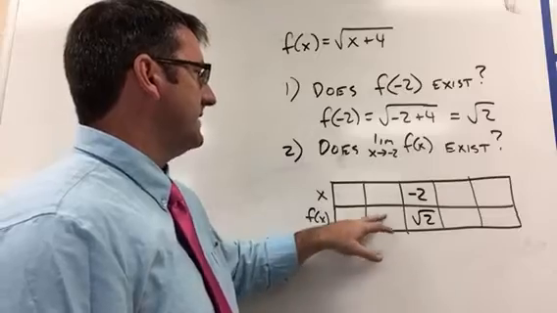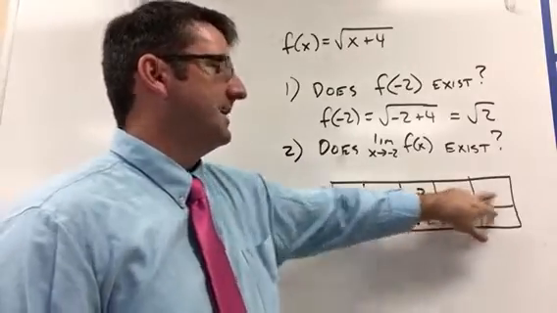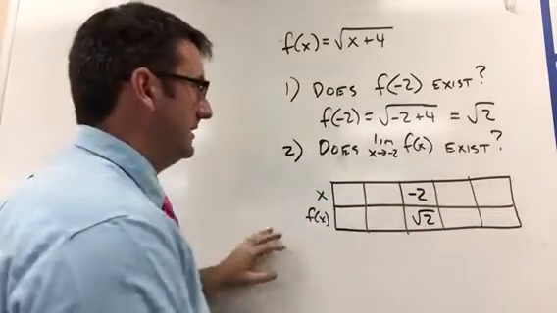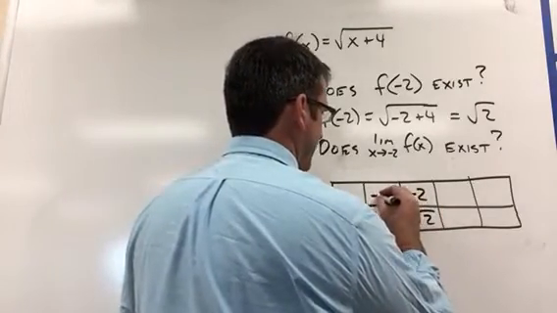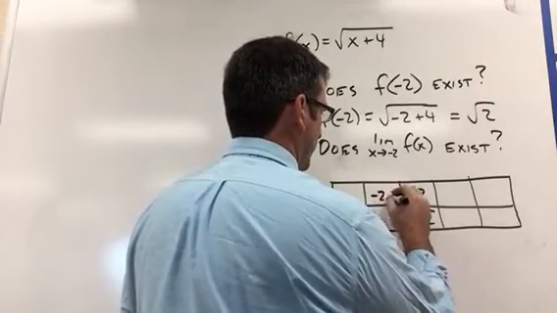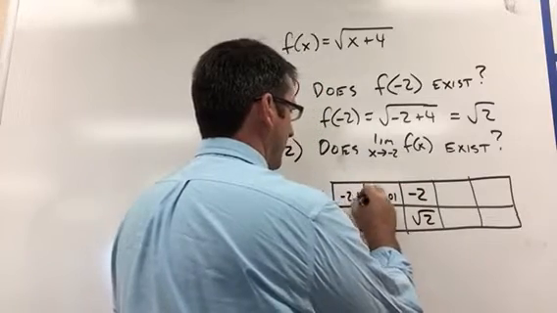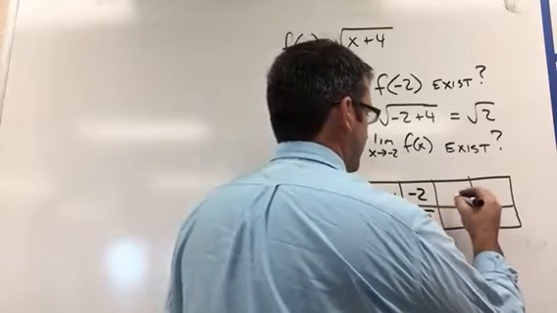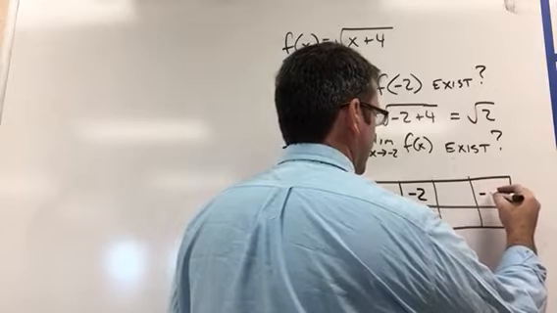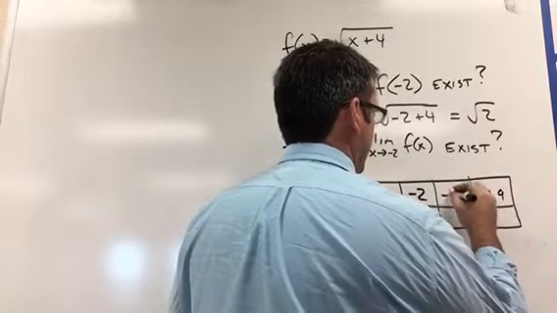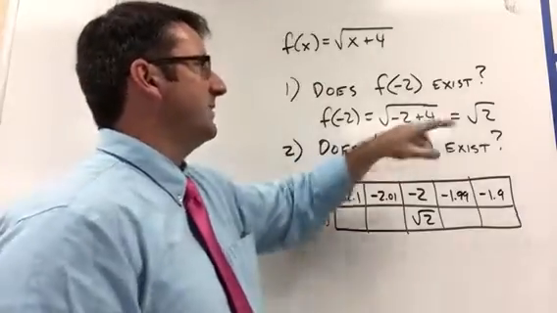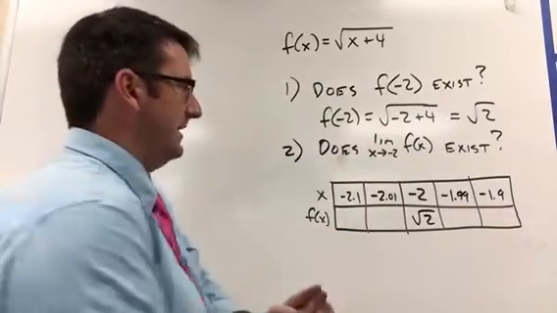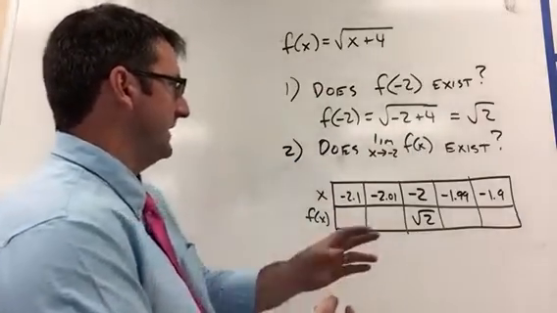All right, so let's plug in some numbers that are very close to -2. So let's try -2.01, -2.1. On this side, maybe -1.9, -1.99. And plug those in and see what we get.